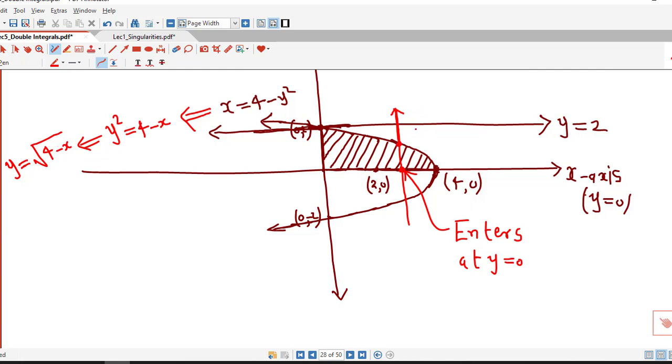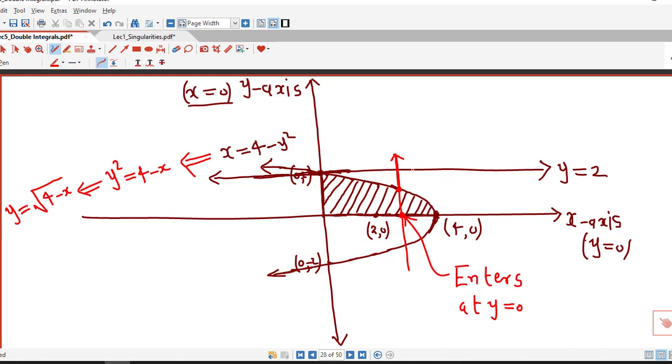So now here we write that the line leaves the region at y equal to square root of 4 minus x. Now we have to concentrate on the lowermost points, leftmost points and rightmost points of the region.